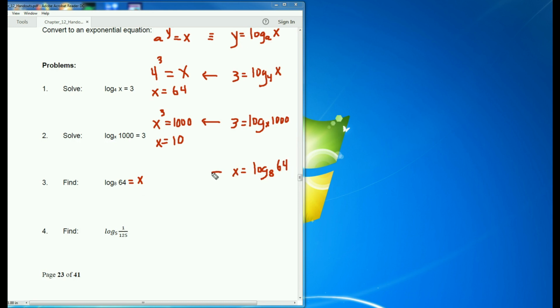And now let's convert that to an exponential equation. All right, the base of the log is 8, so that's going to be the base of our exponent. So we're going to have 8 raised to the x is equal to 64. All right, and we all know that 8 squared equals 64, therefore x must equal 2.